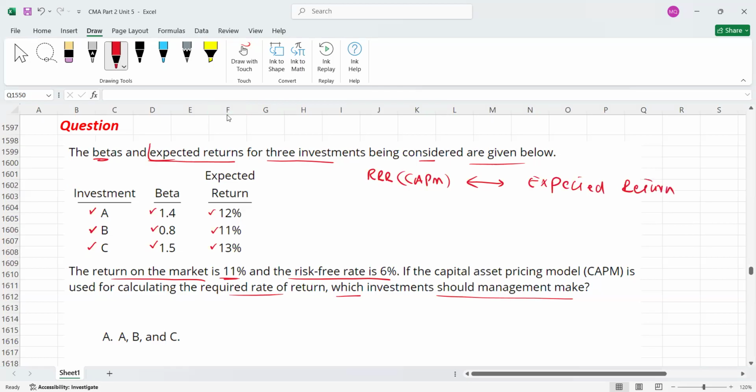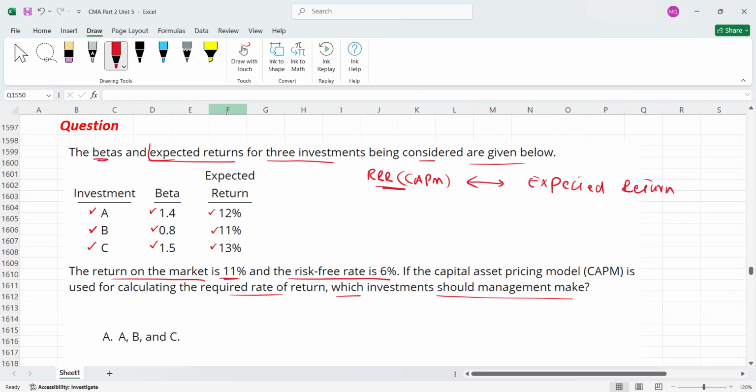Simply, required rate of return is what? It is what you should demand as per the risk which you are taking. But expected return means what return you can expect from the stock, or how much return that stock is expected to give you. You will compare these two returns.